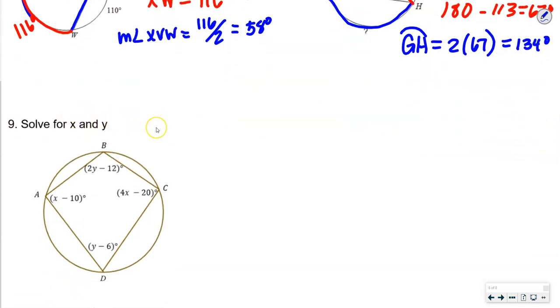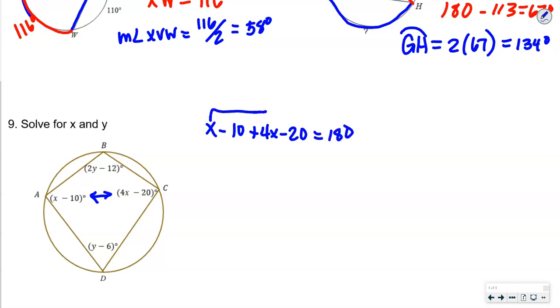All right, so this next one says solve for x and y. So we have a quadrilateral inscribed inside a circle. So hopefully you remember that opposite angles here are supplementary, okay? So that means when we add them together, they equal 180. So we're going to do x minus 10 plus 4x minus 20, and that equals 180.